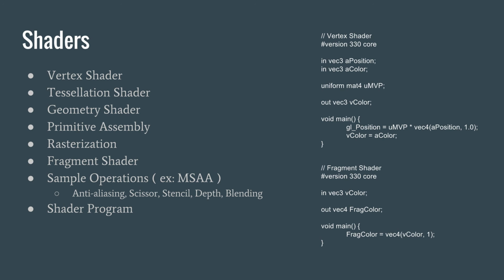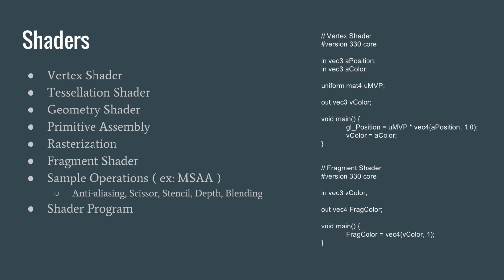So for this, we've got a matrix MVP. And so these are the model view projection matrices that we were talking about before. It's just all multiplied together. So you do world times view times projection, creates an MVP matrix that you can then pass to the shader, so it doesn't have to do that matrix multiplication every time for every single vertex.